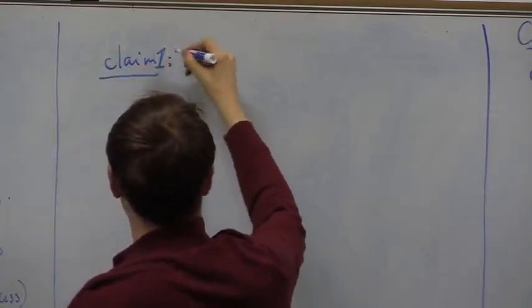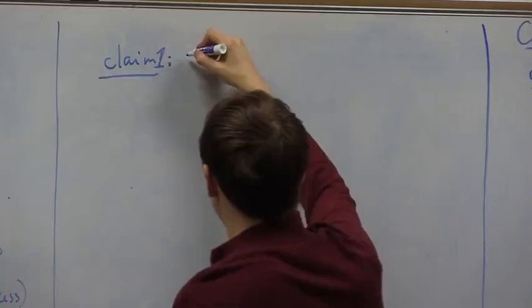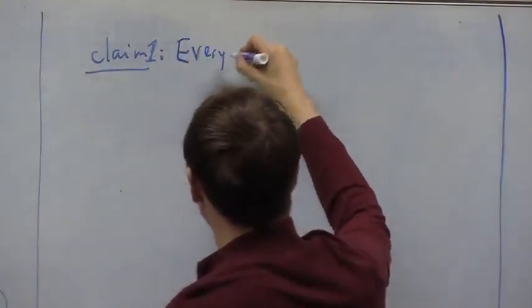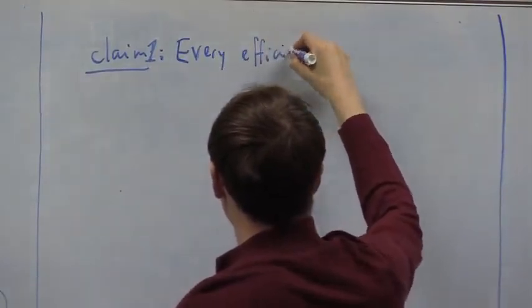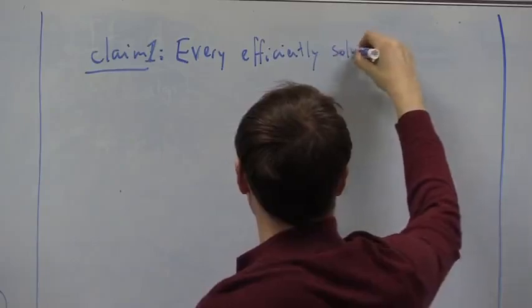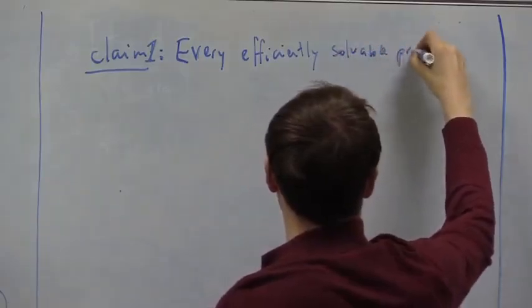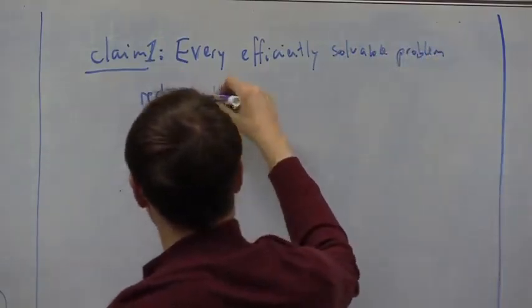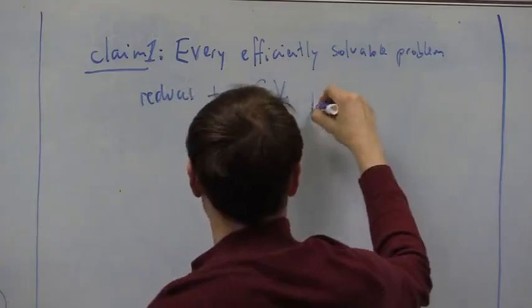Let's call it claim 1. Every efficiently solvable problem reduces to the circuit value problem.